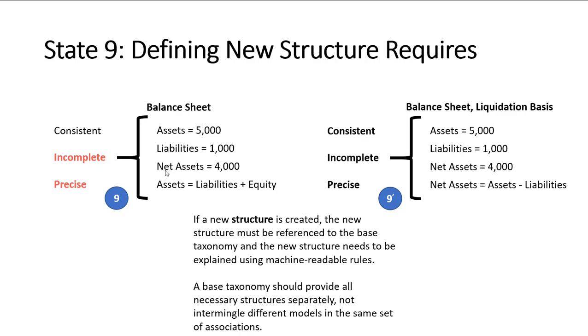What tends to happen in the US GAAP and the IFRS taxonomy is that they have too many things crammed into one representation of an income statement or of a balance sheet. And it's very confusing as to what concepts should be used or what concepts are used for what, and that causes people using the taxonomy to make mistakes.